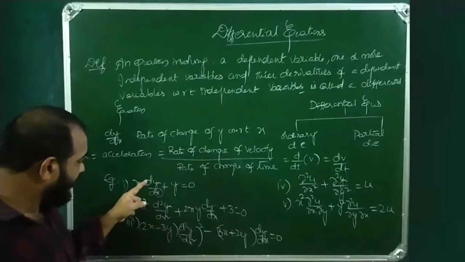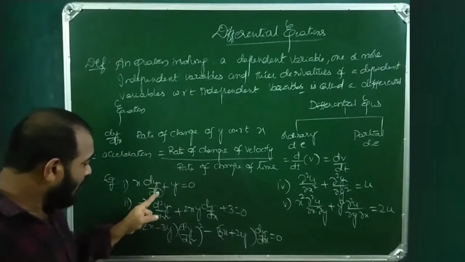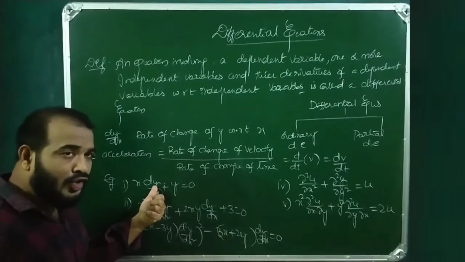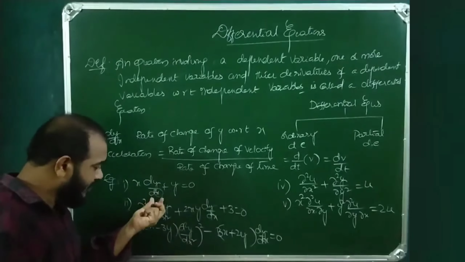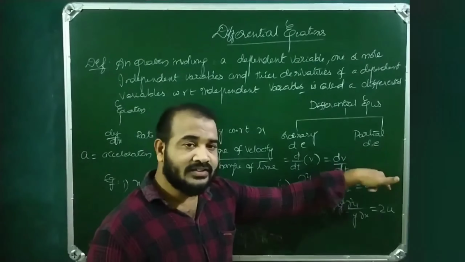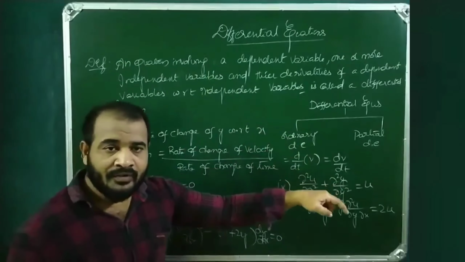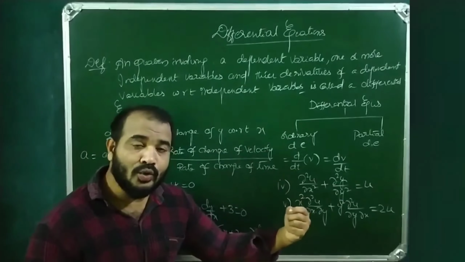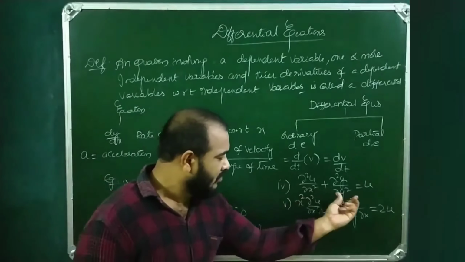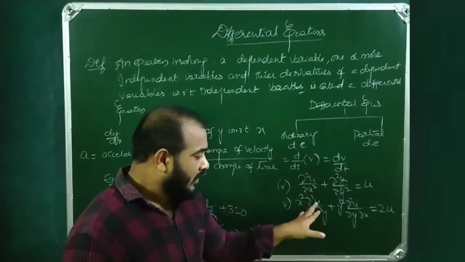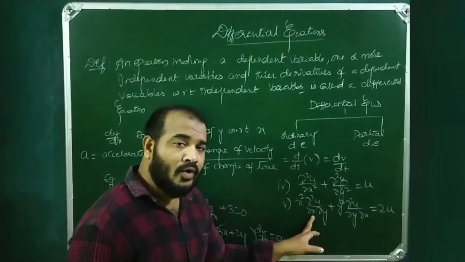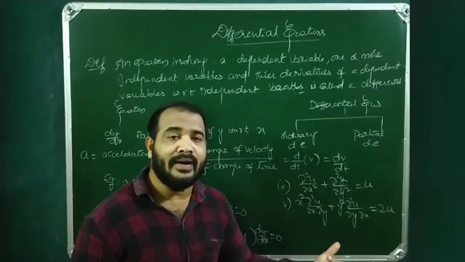As far as the first three cases are concerned, these are all derivatives of one dependent variable with respect to only one independent variable. But partial differential equations involve one dependent variable with respect to one or more independent variables. Here u is the dependent variable, and x and y are both independent variables.